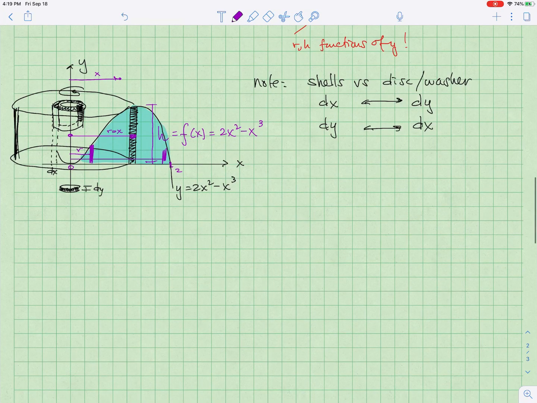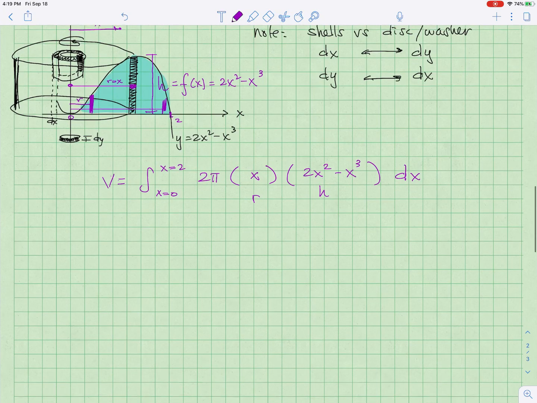And so our volume is the integral from x equals 0 to x equals 2 of 2 pi times the radius, which is measured by x, times the height, which is the height of the shell, which in this particular case is given by the function 2x squared minus x cubed, integrated dx.